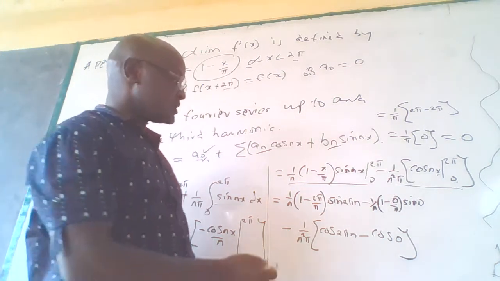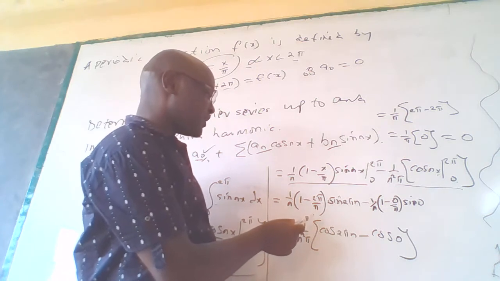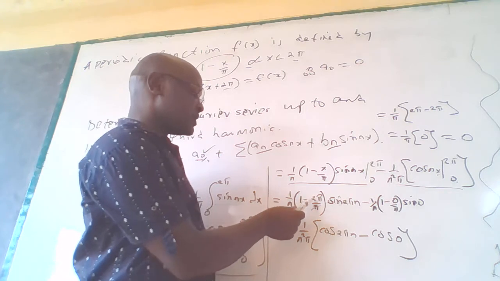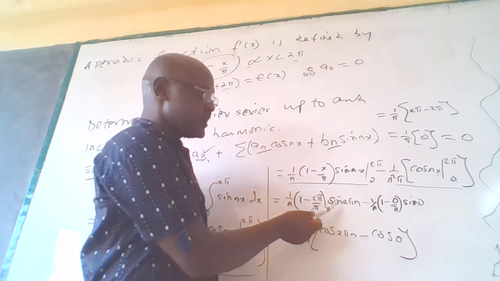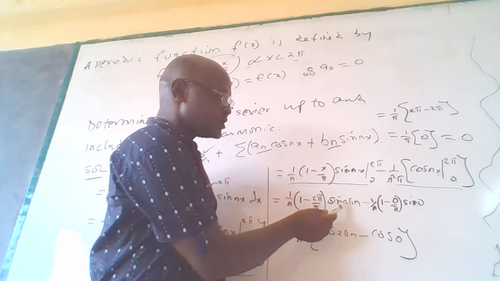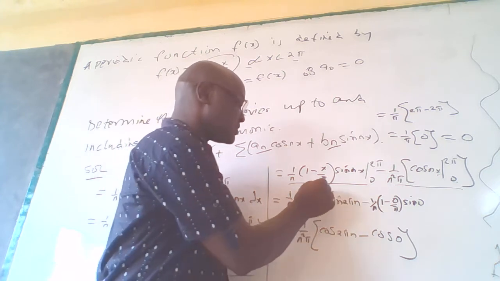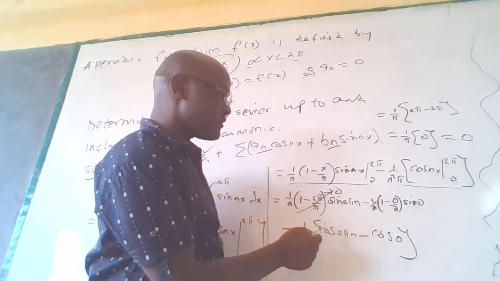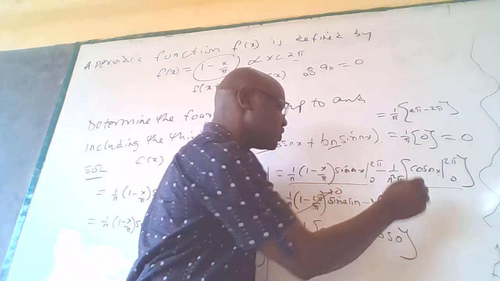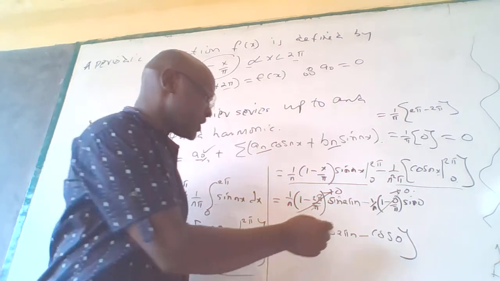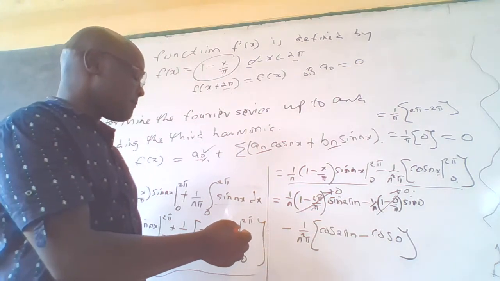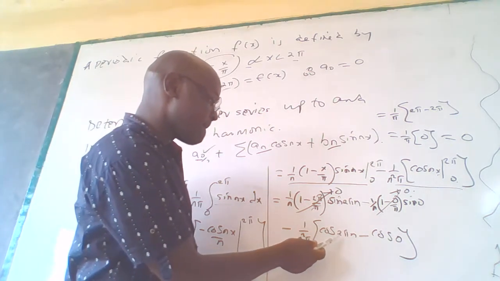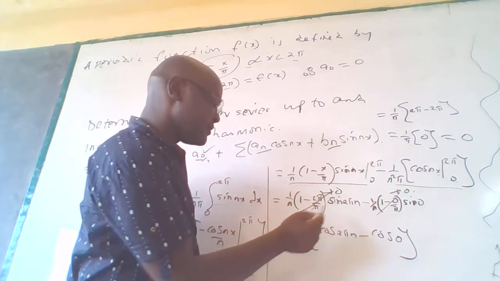Now when you substitute like this, this pi and that will cancel. 1 minus that will make it negative 1. Then sine 2 pi, this one will be 0 when you substitute this, and then of course this one is also 0. So we are remaining with this cos 2 pi n minus that.